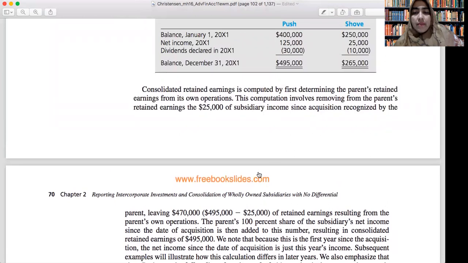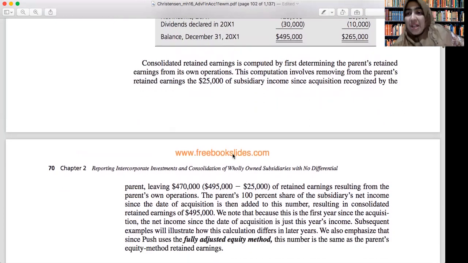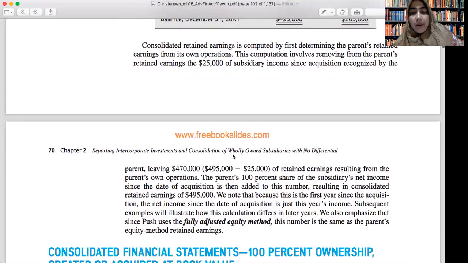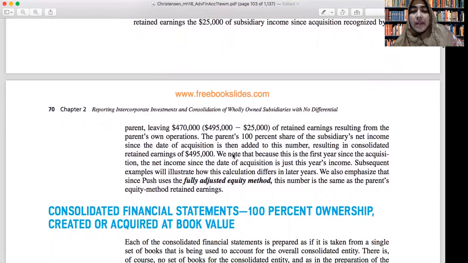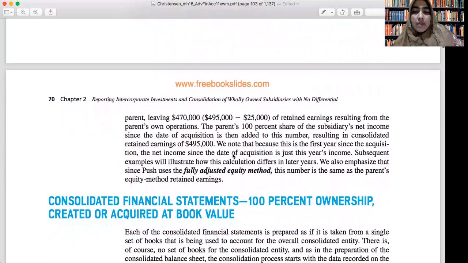After removing it, it will leave around 470,000, because the balance has been increased by the net income earned by the subsidiary. Then the parent's 100% share of the subsidiary's net income since the date of acquisition is added to this number, and it will be restored to around 495,000, right?